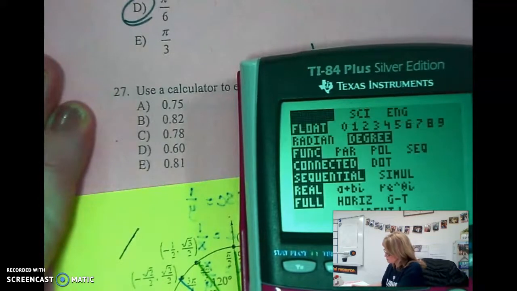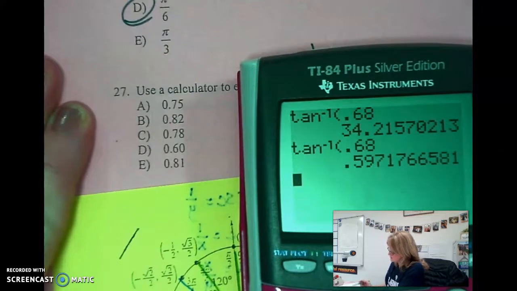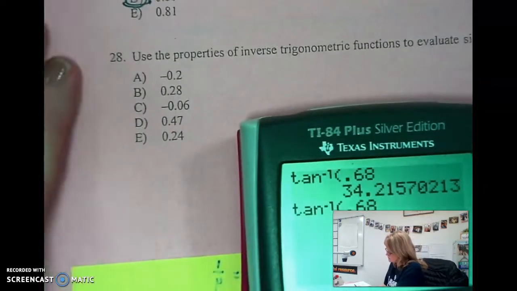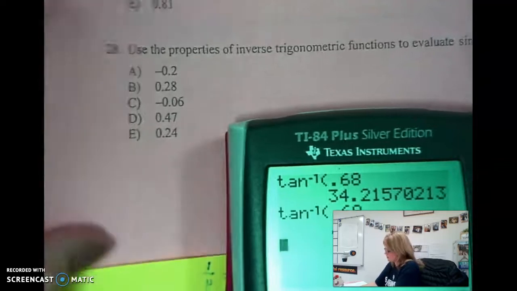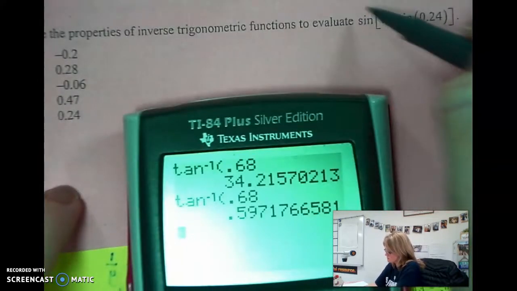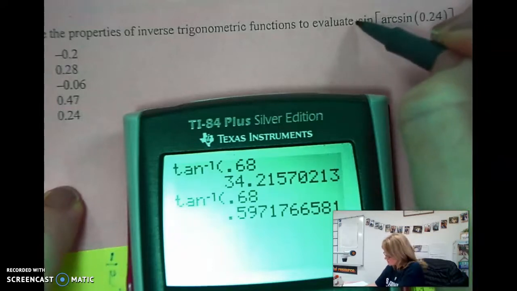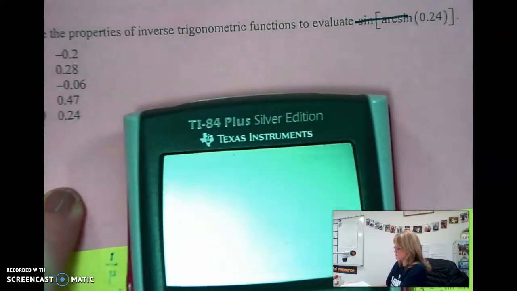So make sure you change your mode to radians, and then you can do it again, and I get it rounded to D. Inverse functions, remember when we have sine and arc sine, these are inverses, just like multiplication and division, or adding and subtracting, and so basically all these do is cancel each other out, and our answer is E.